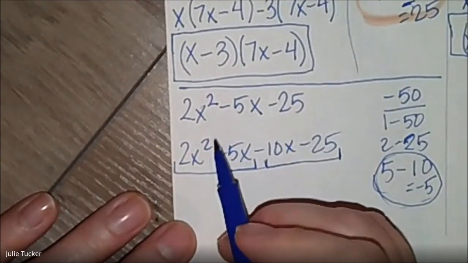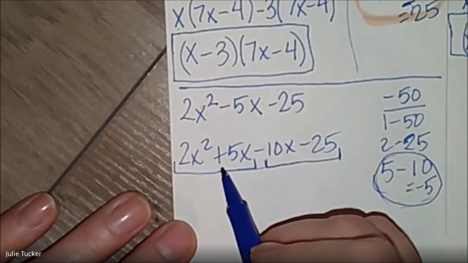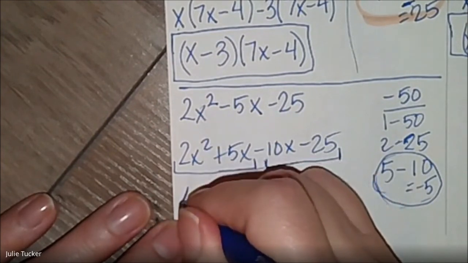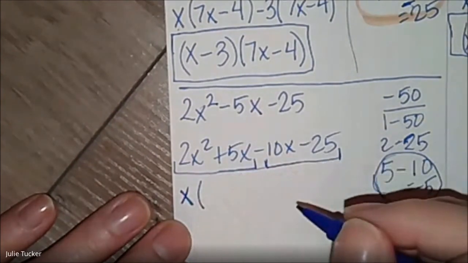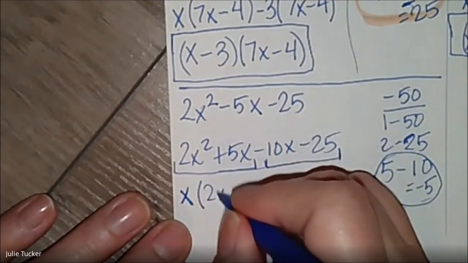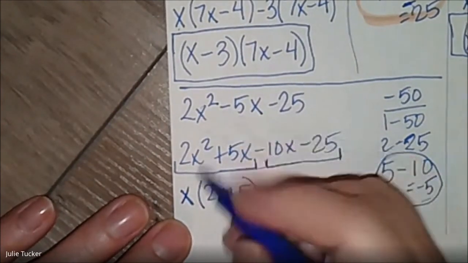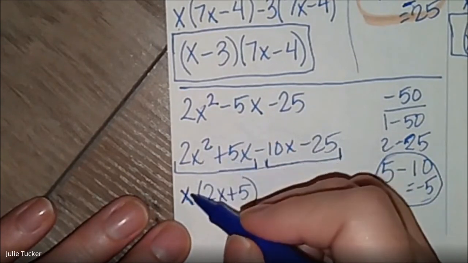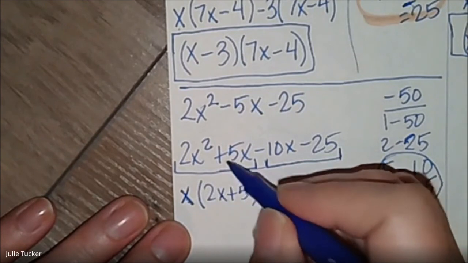So in the first pair, there's no number that divides into 2 and 5, so we can only take out x. So this will be 2x plus 5, because x times 2x is 2x squared, and x times 5 is 5x.